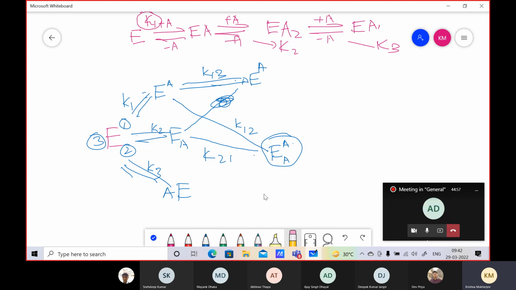That will make the drawing much simpler. So let me draw this as 1, 2, and this as 1, 2, and this is 1, 3, and this is 1, 3, right?